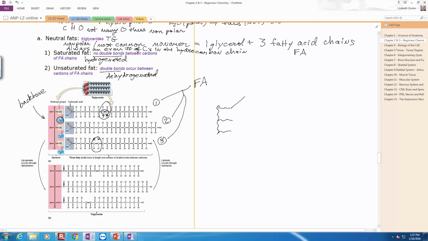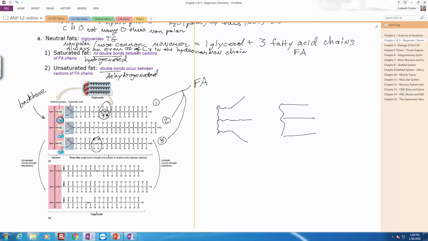And this middle one didn't have a double bond, so it stays straight, and maybe this one kinks down because of that double bond, right? So those double bonds create a kink in it. If all 3 fatty acids were completely saturated, then it would look like this, right? So which one do you think would stack more uniformly next to another one?